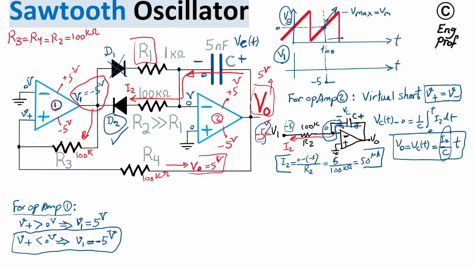When Vout gets to 5 volt, the midpoint between R3 and R4 will get to 0 finally.